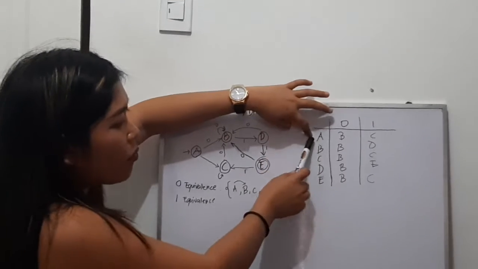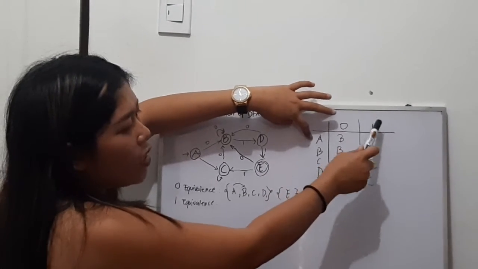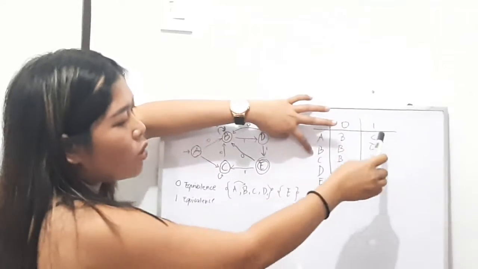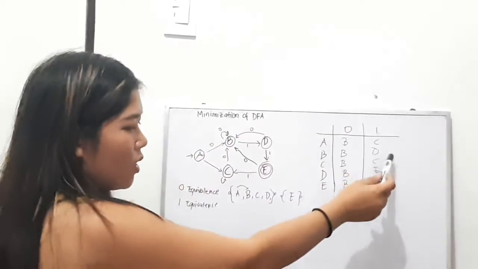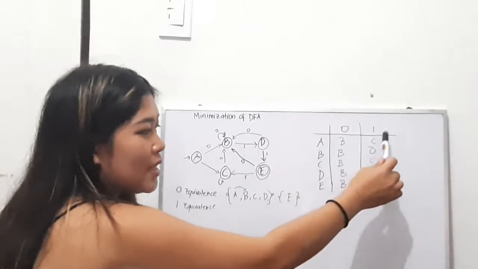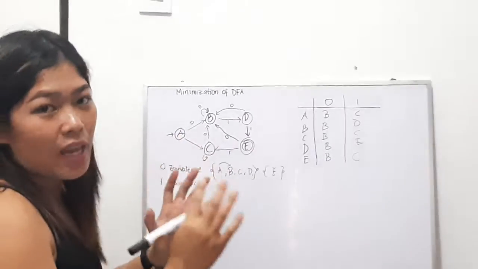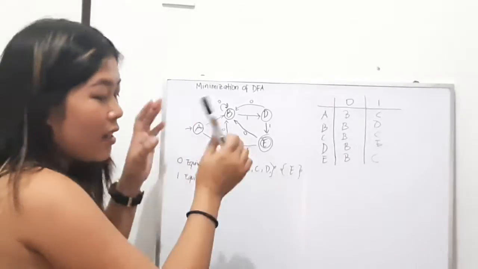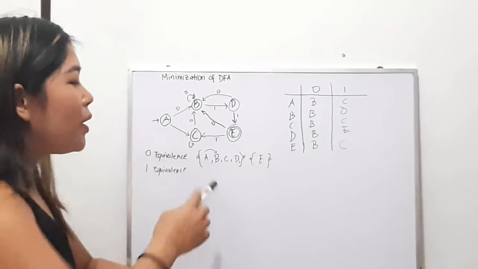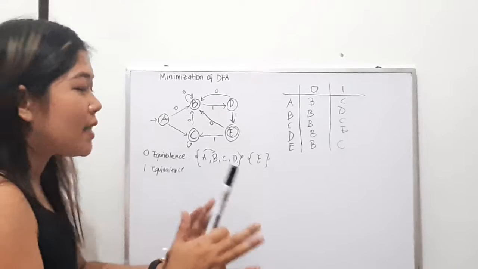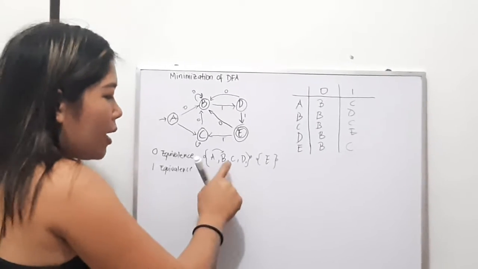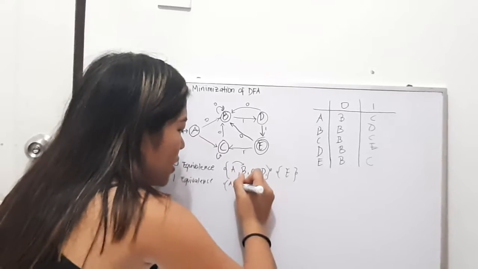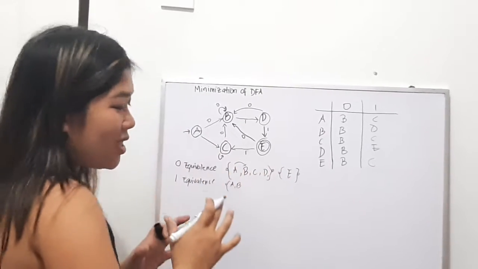A given input 1 goes to C, and B given input 1 goes to D. So let's check if C and D are in the same set. Okay, C and D are in the same set. So because C and D fall into the same set, I will write A and B together in one set.